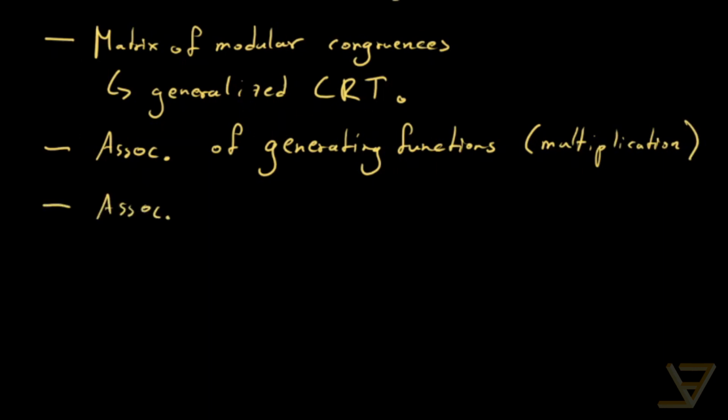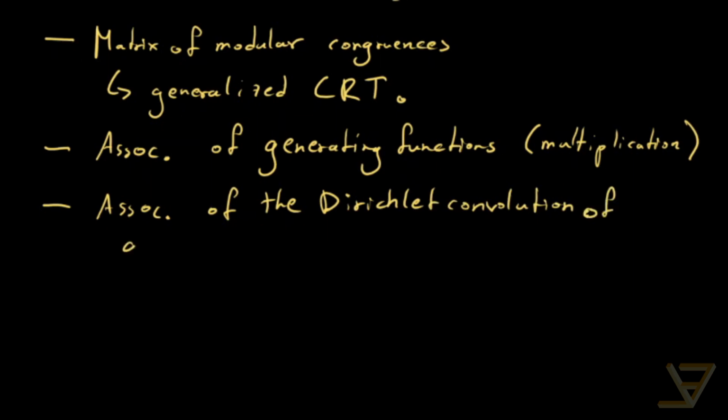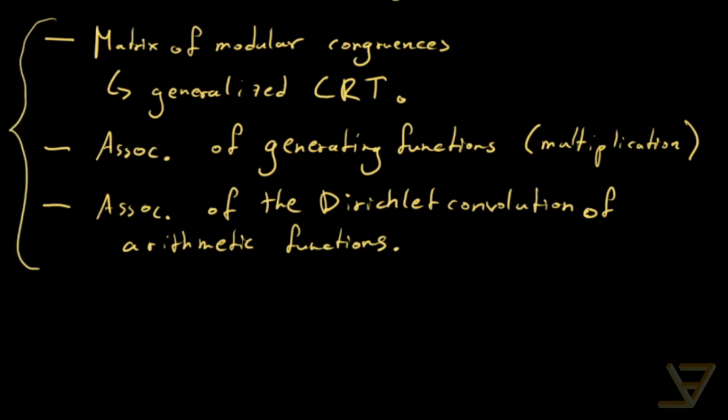And finally, there's another example, which is the associativity of the Dirichlet convolution of arithmetic functions. And these all use variations of the discrete Fubini's principle.